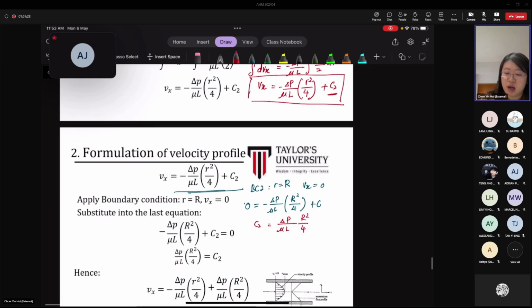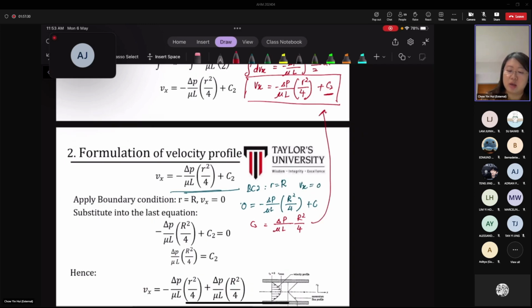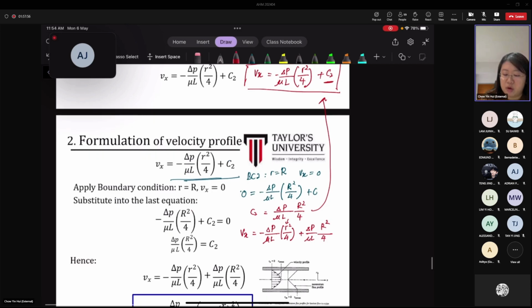So now we can substitute it back here. Your velocity profile Vx would then equal negative delta P over mu L times the small r squared over 4, where this r is a variable, plus delta P over mu L times the big R squared, the inner radius of the pipe, divided by 4. You have some common terms which we can factor out.